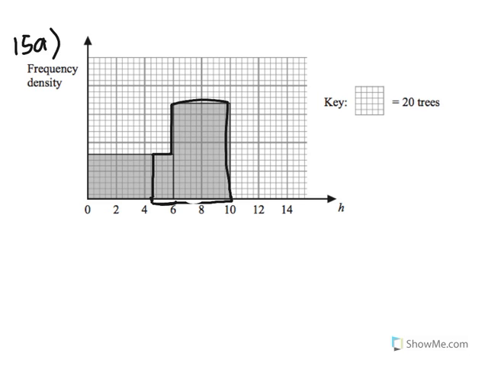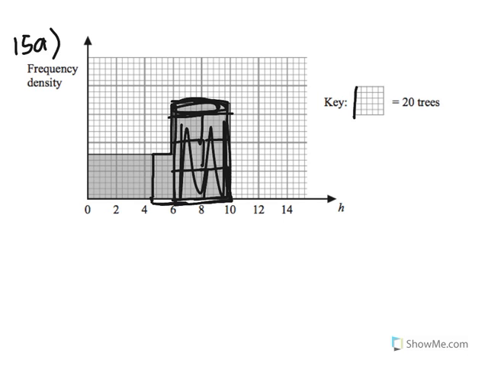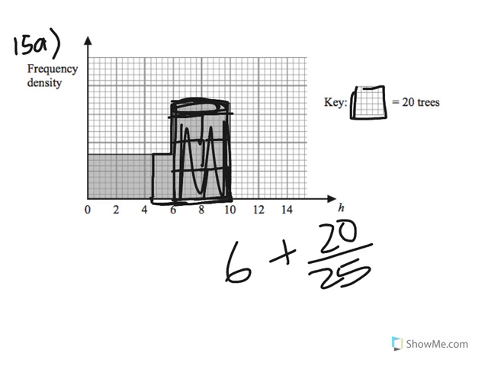Now counting all the boxes in this area, you know that one of these boxes, meaning this one, is 20 trees. So 1, 2, 3, 4, 5, 6. So you have 6 boxes. And then if you count all of these little boxes here, you have 20. And usually you have 25 boxes in this, so it means you have 20 out of 25, plus 6 boxes.